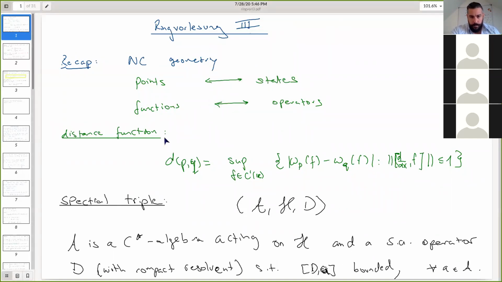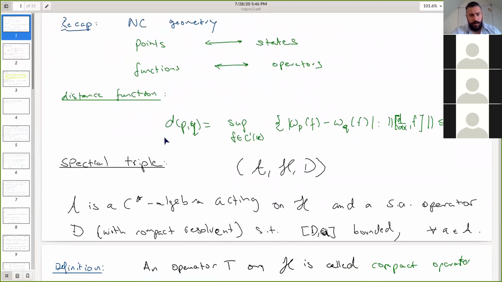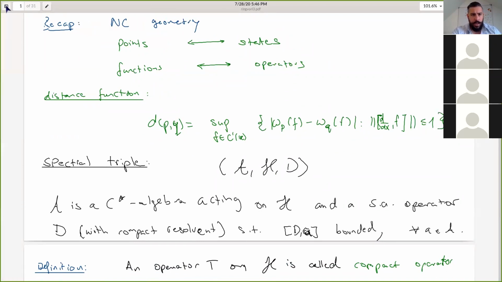so the spectral triple, I also explained a little bit, and this time we will go a little deeper into that. Basically you have a C-star algebra acting on a Hilbert space. I told you a C-star algebra is a Banach star algebra that is complete with respect to the norm, and it fulfills additional properties: the norm of A star is equal to the norm of A, and the norm of A star A is equal to the norm of A squared.